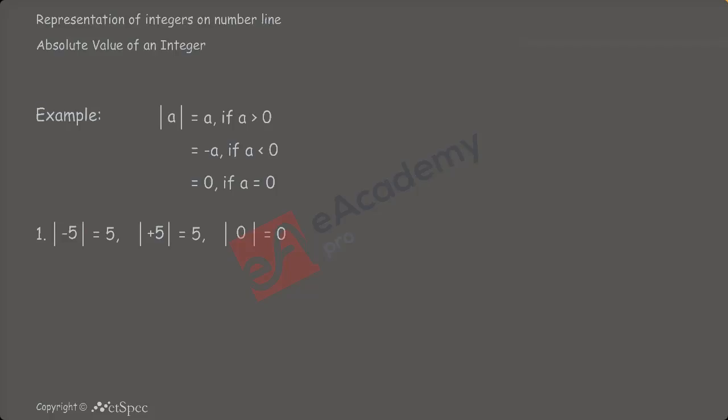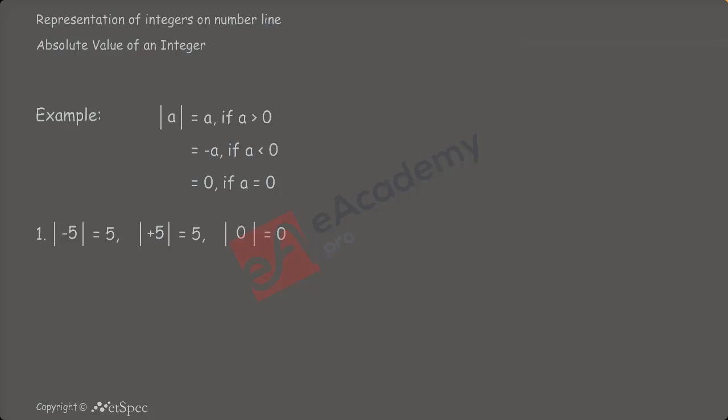Let us understand how we get these values. Getting a positive number means we are going to write nothing before the number, that is, 5 in this case. That means we are neglecting the sign.